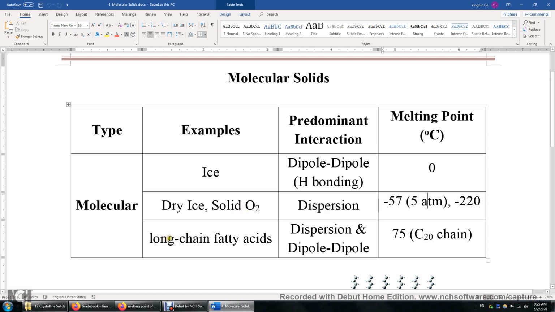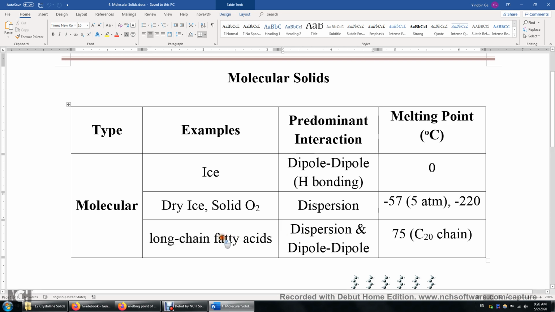Finally, I want to talk about long-chain fatty acids. There's a lot of dispersion between two long-chain fatty acids. Long-chain means they both have a long carbon chain between the interacting molecules. When that's the case, we can roughly estimate that the dispersion attraction is proportional to the size.